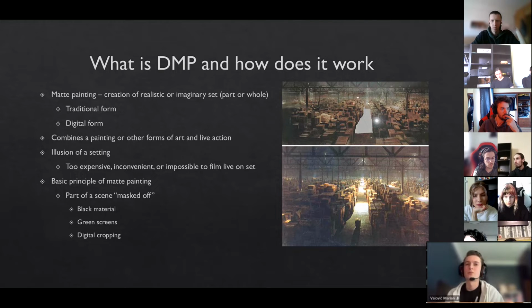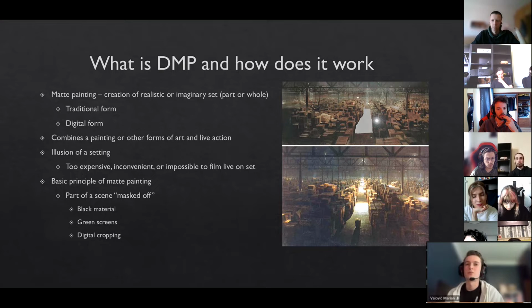Or maybe there isn't a road to get to the place, then matte painters are called to create the set artificially and to add the setting or extend the setting to the film set later in the post-production.